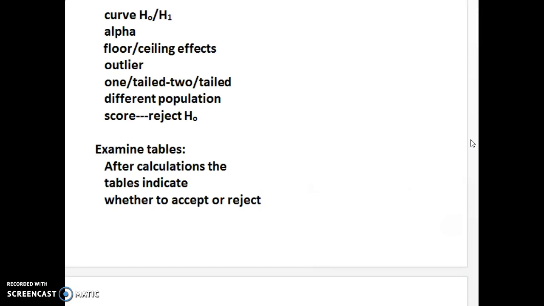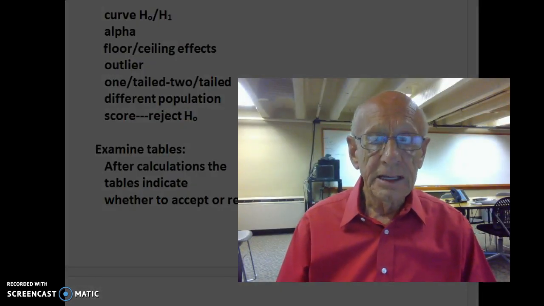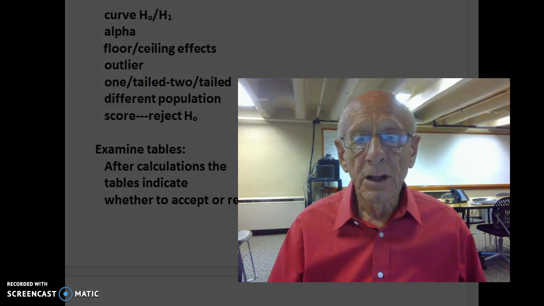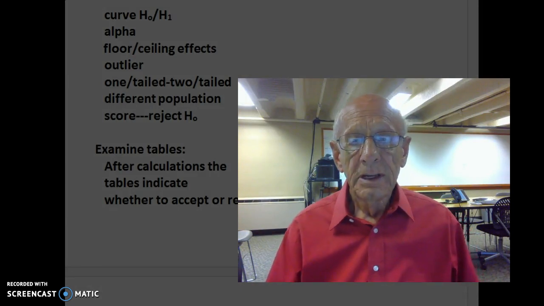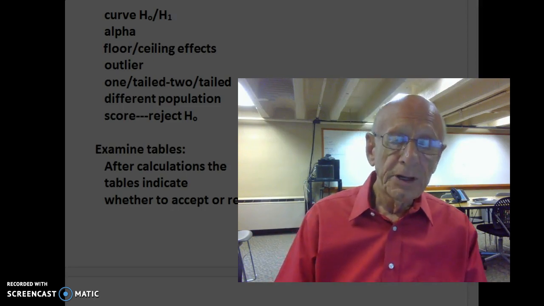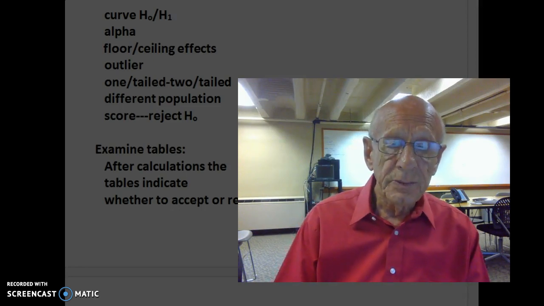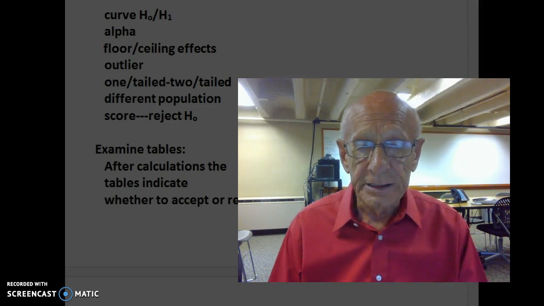These tables indicate whether we should accept or reject what we have done. So after we have calculated a critical value, a CV, then we take that critical value and we put it in a table, and then that table tells us whether we should accept or reject it.